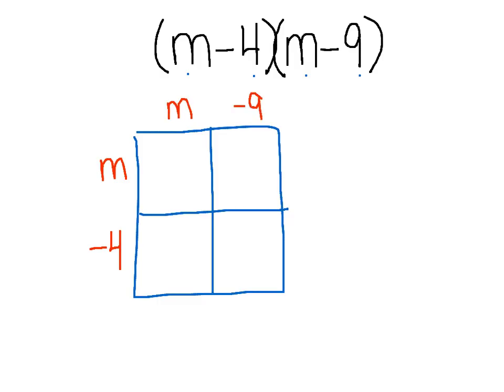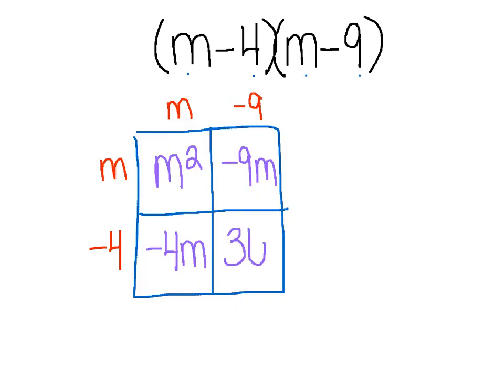Again, we're going to multiply according to where they intersect. So m times m is m squared. M times negative 4 is negative 4m. M times negative 9 is negative 9m. And negative 4 times negative 9 is 36. Now remember, it's positive 36 because a negative times a negative is a positive.